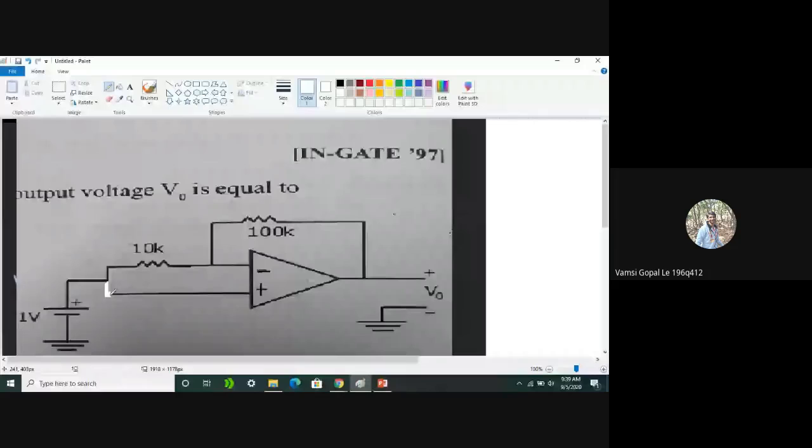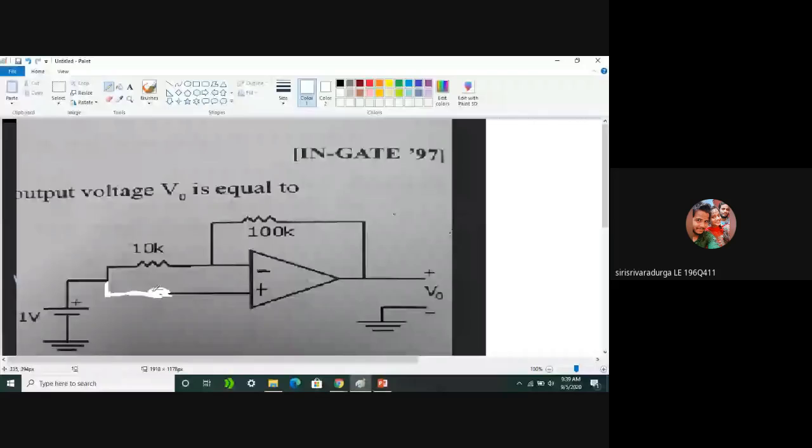The summation of... Superposition law from network analysis. Independent force equal. What is the superposition law?